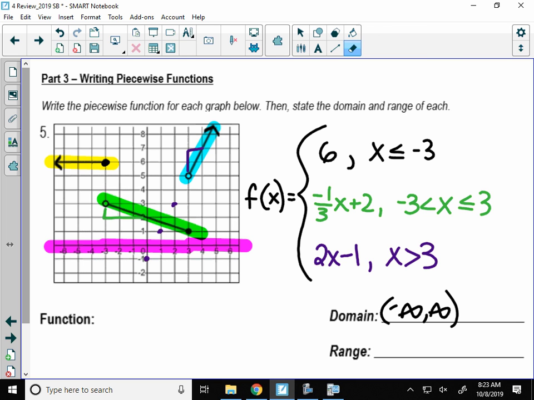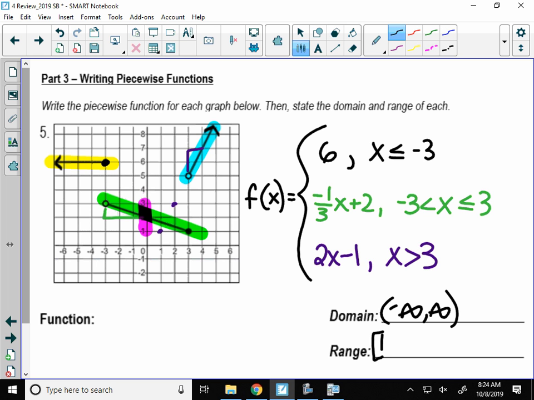My range, erase there. My range starts, let's see, the lowest value is at negative, or, oh, +1 here. Right or wrong? +1, and I go up to 3. And then I have a gap, so my first part of my range is from 1 with a closed dot to 3 with an open dot.